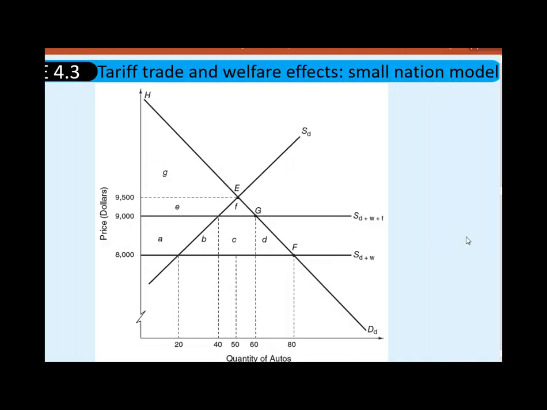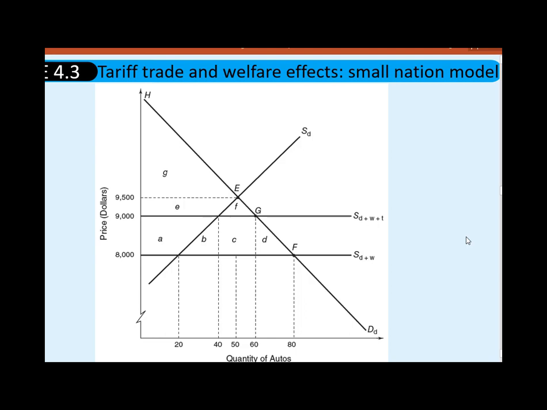Now we're going to derive step by step the impact of moving from a closed economy to an open economy, and then moving from a free open economy to an open economy with a tariff. The base of that rationale is going to be this figure 4.3, which is described thoroughly in the textbook.